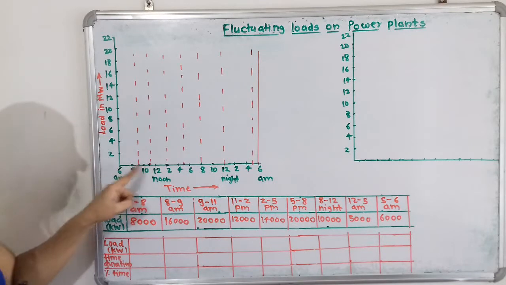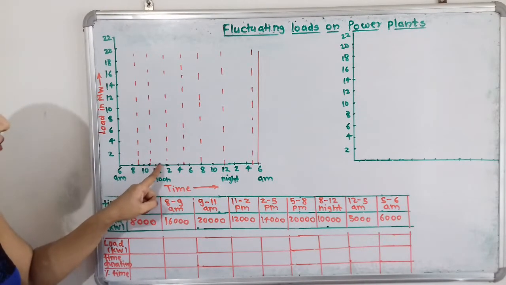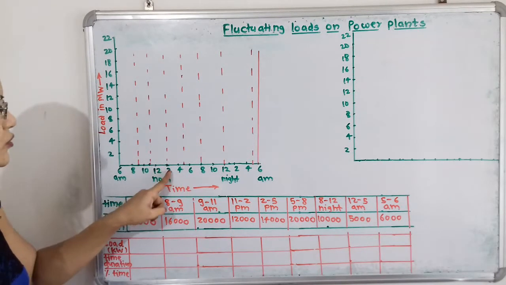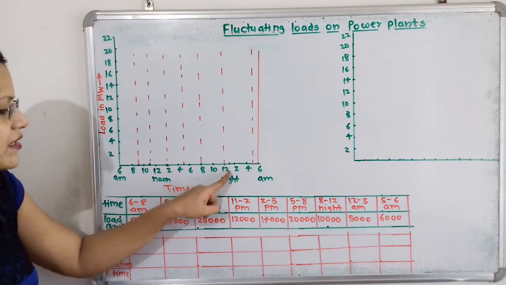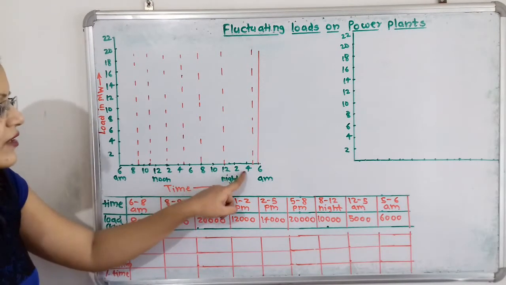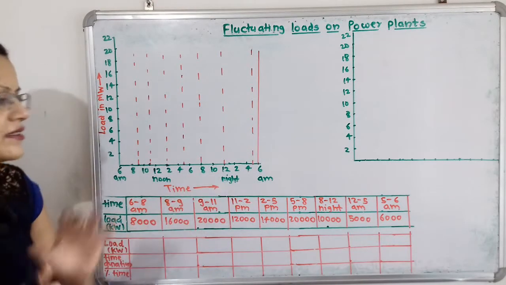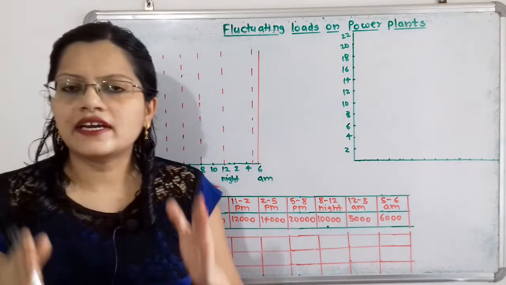After morning there is noon, so 12 at noon. Then after noon the time is in PM, that is 2, 4, 6, 8, 10. Here 12 is at night, and again after night the time is in the morning, that is 2 am, 4 am and 6 am. Now on the vertical line we will plot the load.